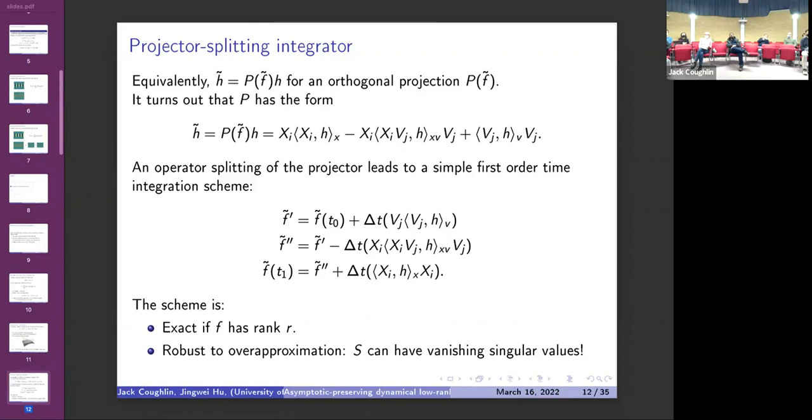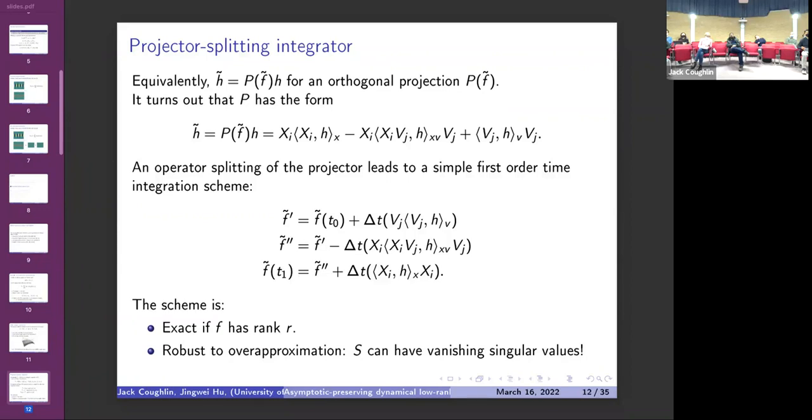And this lends itself to a really nice first order in time operator splitting. You just look at it and you're like, okay, I'm going to do this part, and then this part. So that's what we do. You evaluate along the v direction, and then the x direction, and then in the middle you go backwards a little bit. And these steps can be reordered as well.